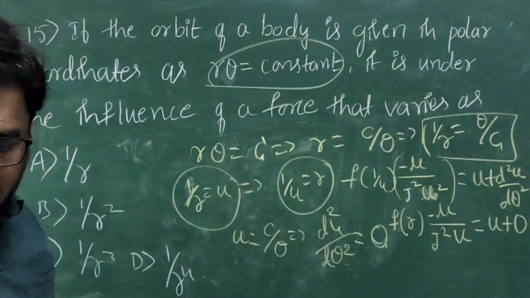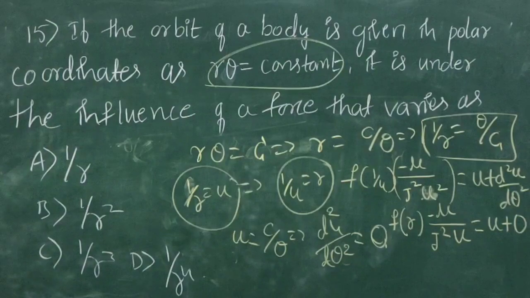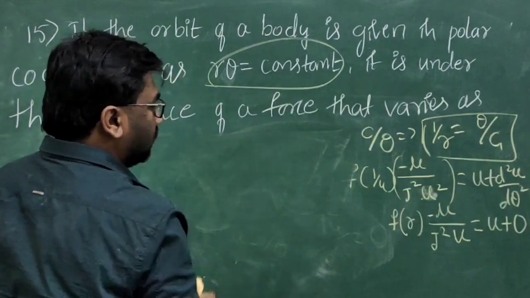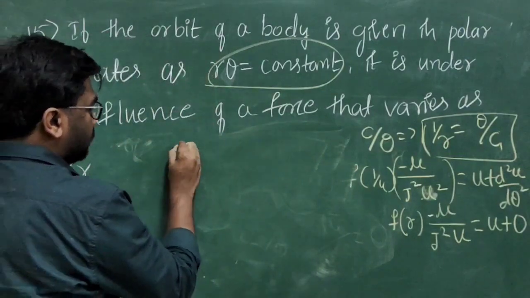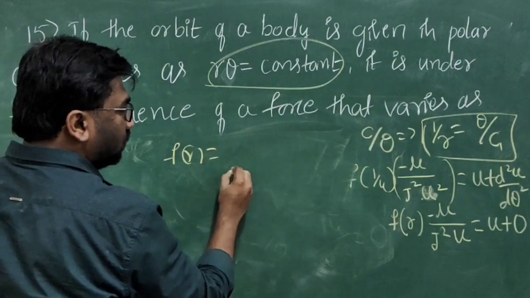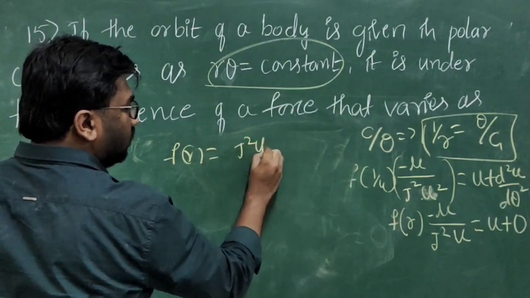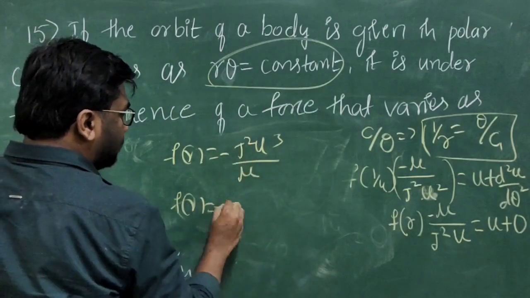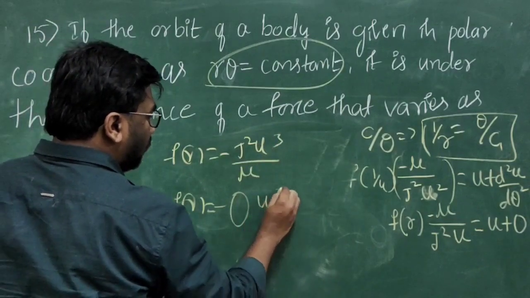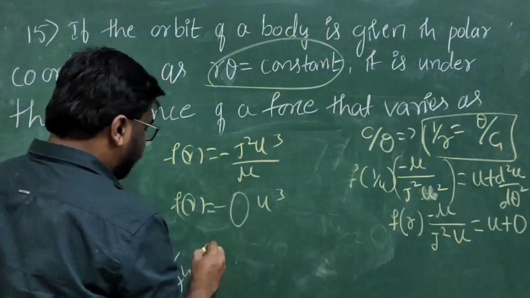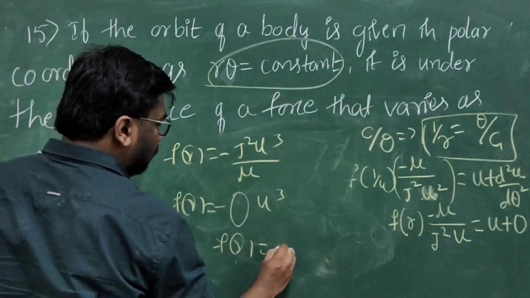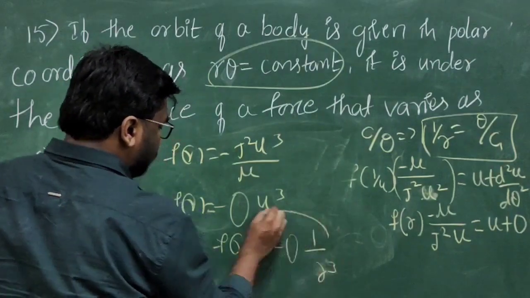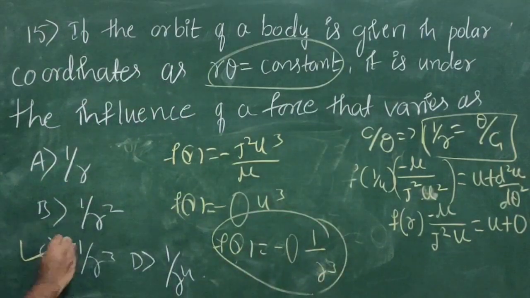After simplification, we get f of r is equal to j square u cube divided by mu. So f of r is equal to this constant into u cube. What is u? U is nothing but 1 by r. So f of r is equal to minus that constant into 1 by r cube. Therefore option C is correct.